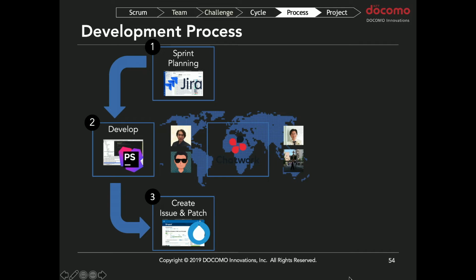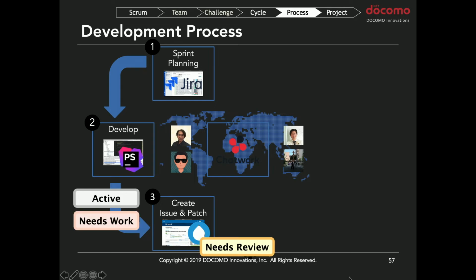But we found how we can do well in between Jira and Drupal.org. As I said, first we plan the to-do list in Jira, and then we bring those issues into Drupal.org, and we end up our task at Drupal.org, because Drupal.org has statuses starting from active, as you know, needs work and needs review.